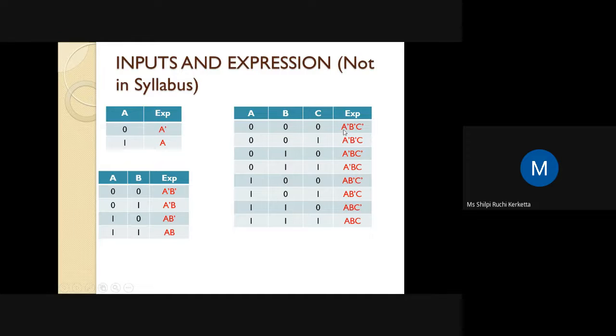So we can write A dash, B dash into C dash. Okay. Or we can write it as A naught into B naught into C naught. So for the 001, we can write it as A dash into B dash into C, or we can write A bar into B bar into C. And here for the last, all are 1. So we will write A into B into C. Okay.